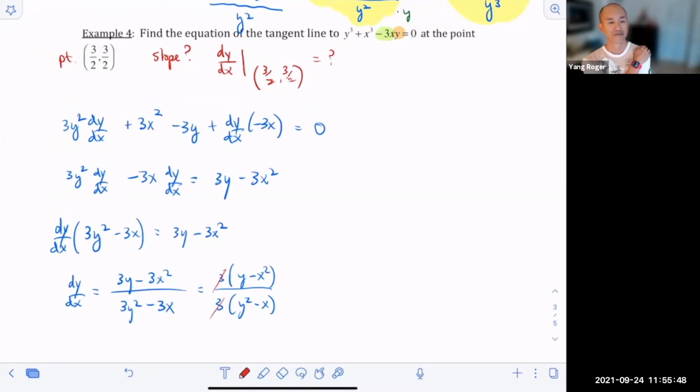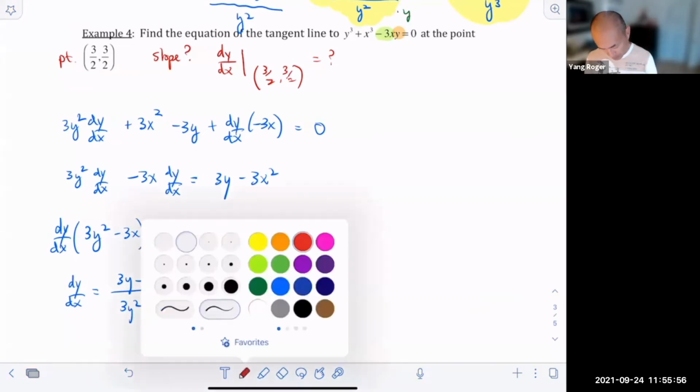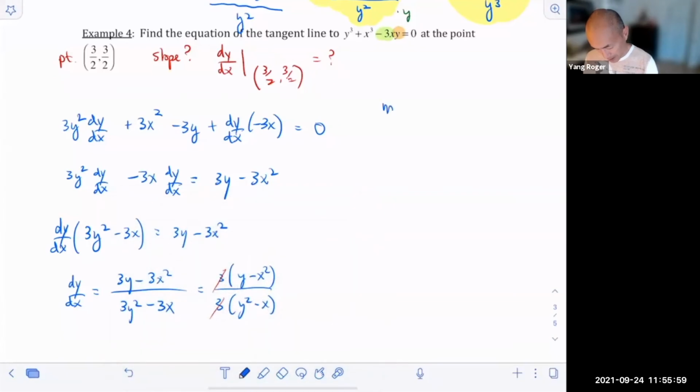But now we're ready to plug in the point to get our derivative. So our slope m is just going to be dy/dx evaluated at (3/2, 3/2).